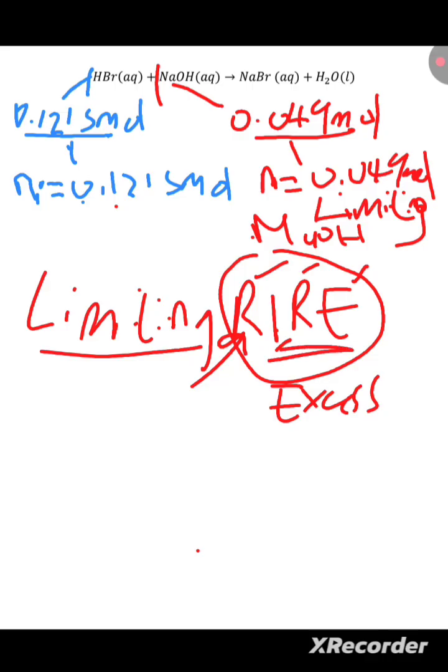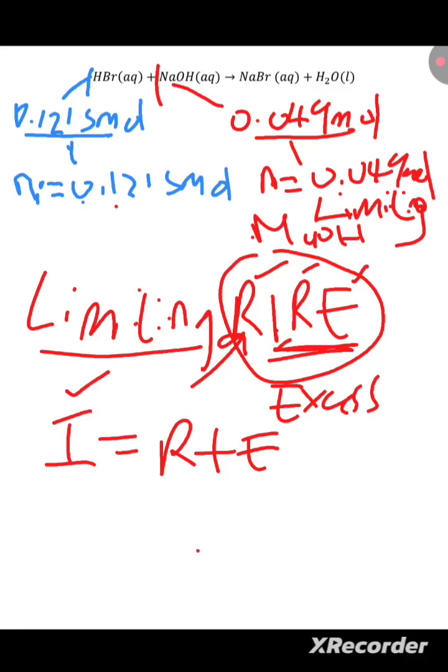Then for this part, the initial number of moles is equal to the reacted number of moles plus the excess number of moles. Now, I already have the initial. I would have calculated the reacted. So I would want to know the excess number of moles there. That is the procedure that I'm trying to follow.